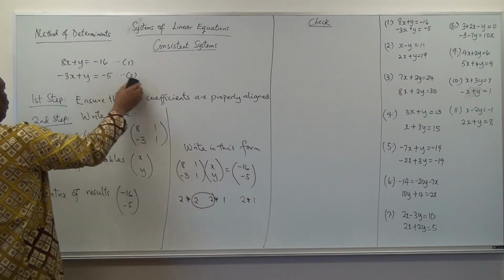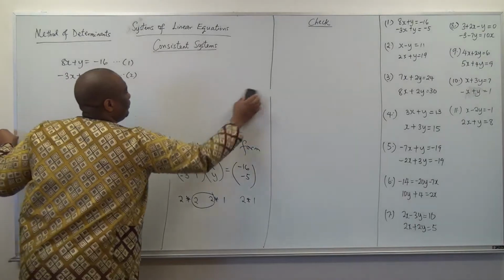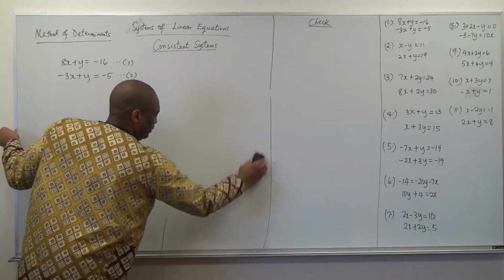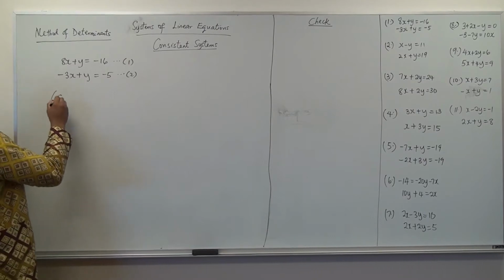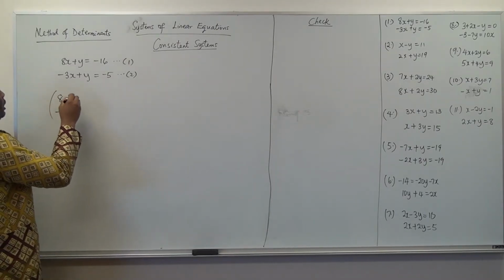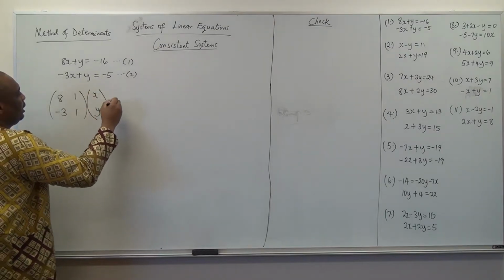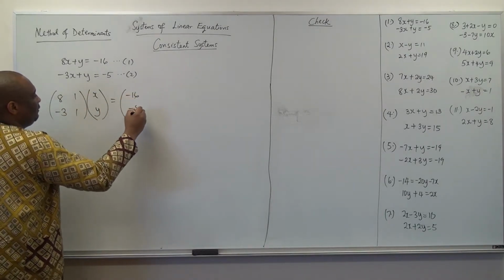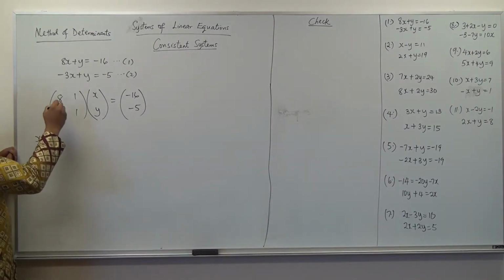So we now have this like this. After writing this, you can now go ahead and solve it. So we write this in the coefficient form, xy equal to -16, -5. So our x will be determinant.